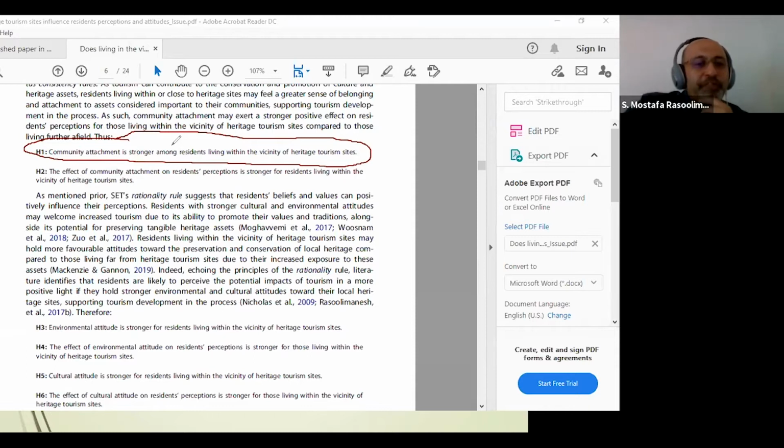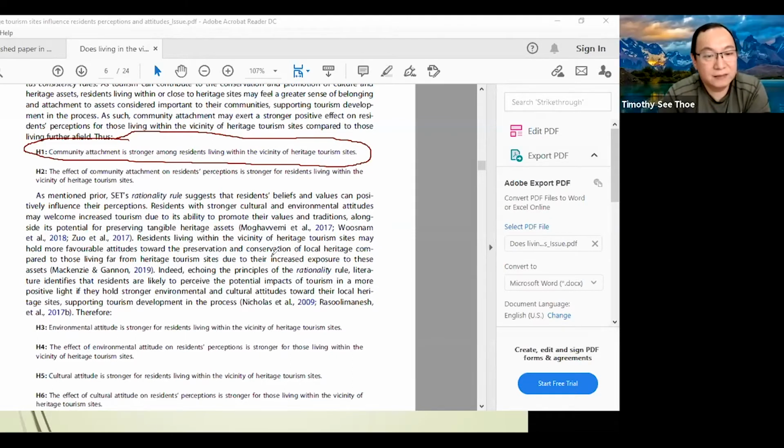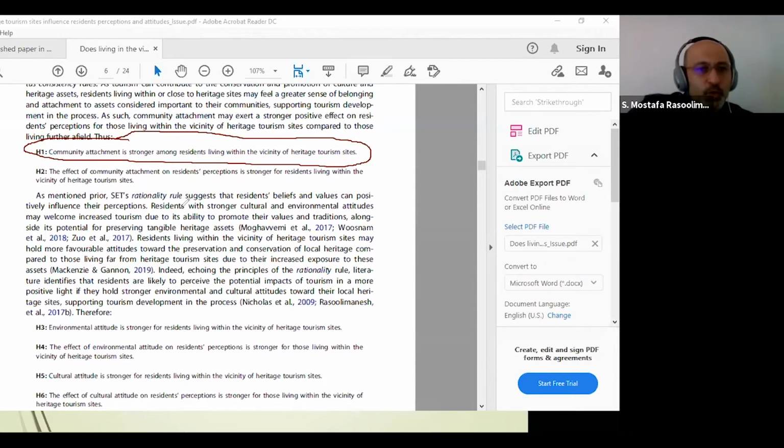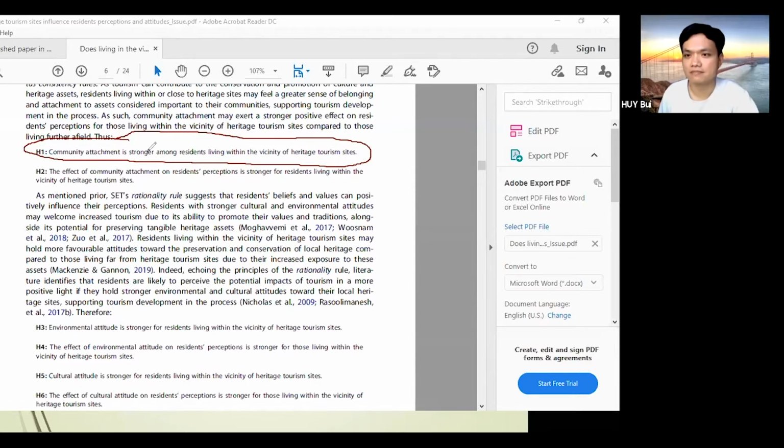What do we need to do for the first hypothesis? Any answer? In the first hypothesis, community attachment is actually a dependent variable, right? So what test do we have to use for this hypothesis? T-test. Yeah.